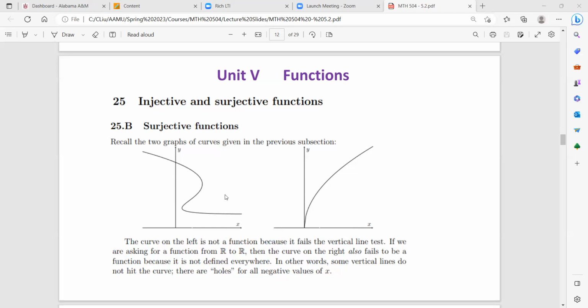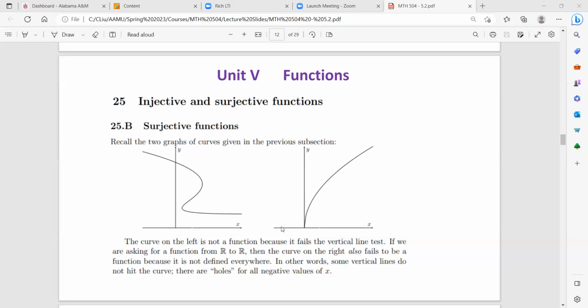But if you look at the right hand side curve and you try to define a function based on the curve from R to R, does it give us a function? Remember, it does pass the vertical line test. Any vertical line crosses the curve at most one point, but if you define from R to R, that means the domain is all real numbers.